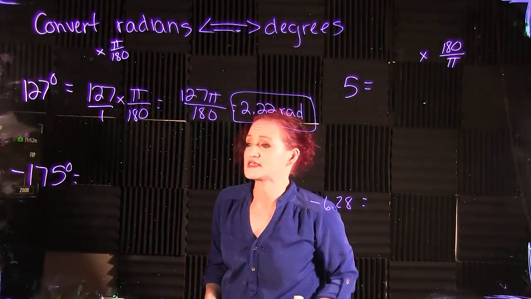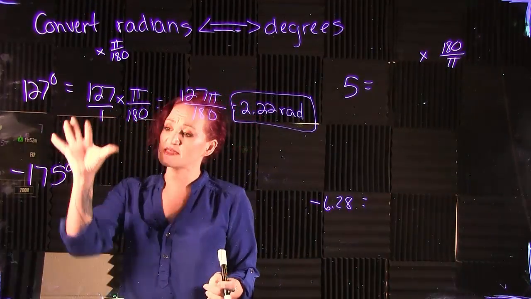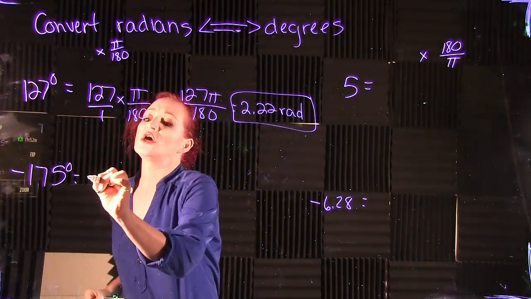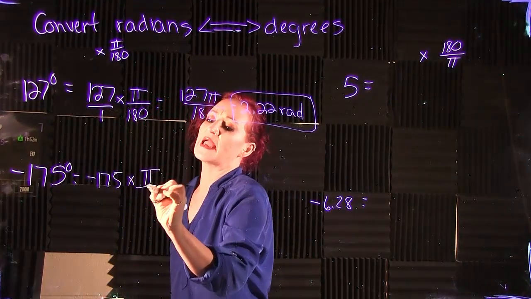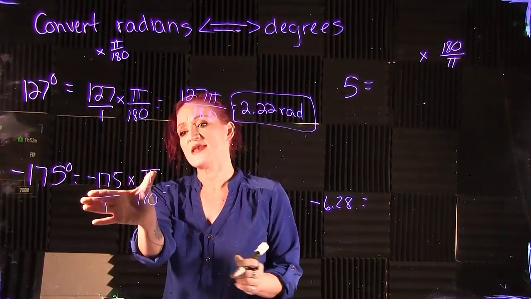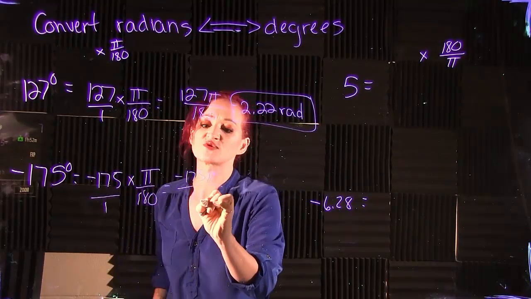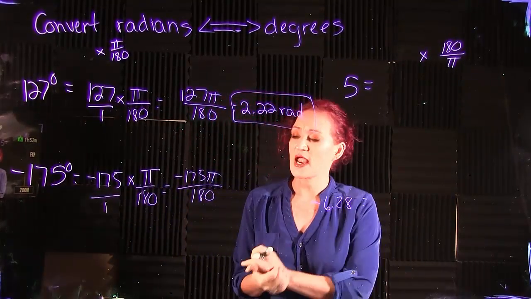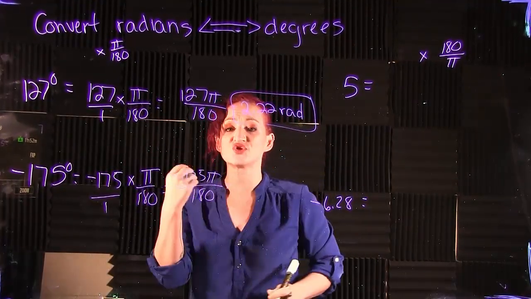Very, very similar process here to take the negative 175 degrees. We are given something that's in degree measure, so we're going to take that negative 175 and multiply it by pi over 180. So negative 175 times pi over 1 times 180, which is just 180. Again, throw this in your calculator to reduce it down to a decimal.